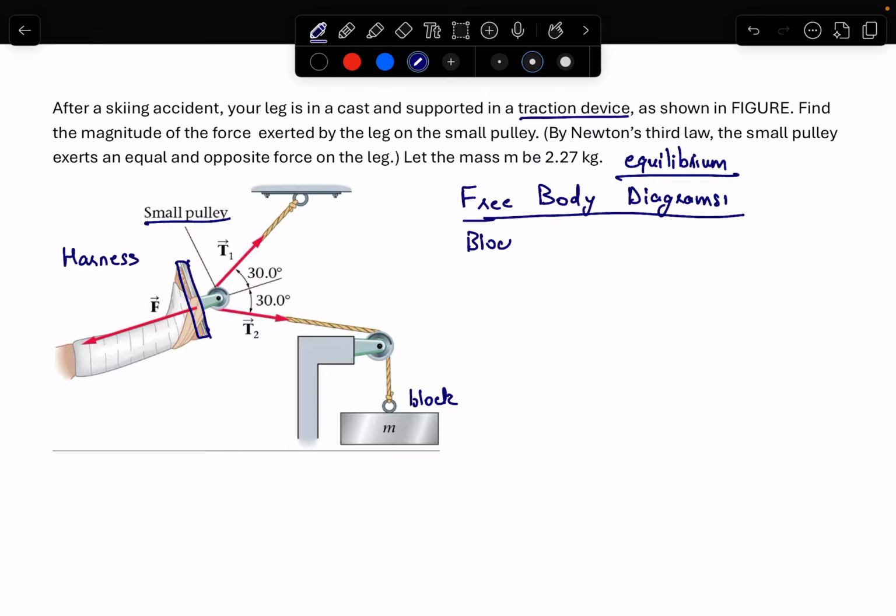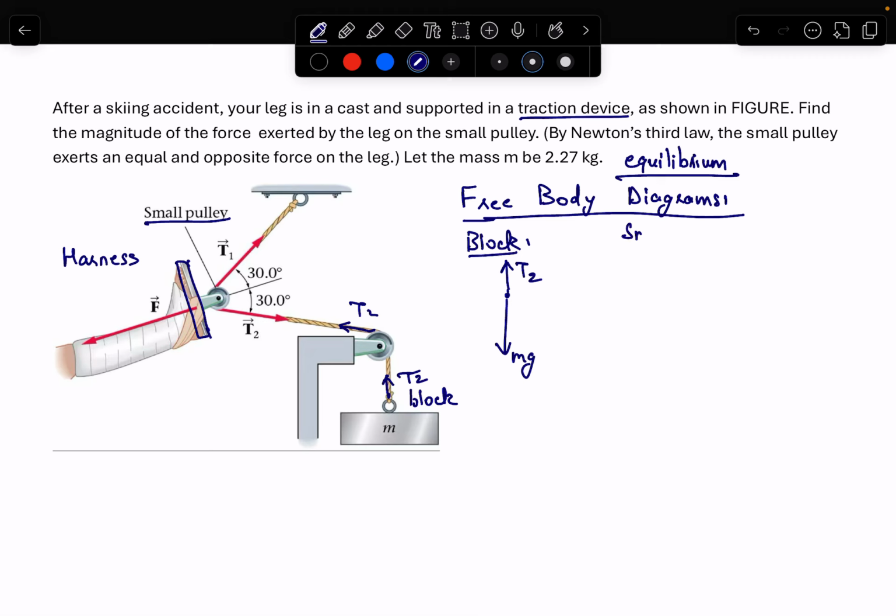So for the block, the forces that are acting on the block are mg in the downward direction and tension T, or in this case it's T2, in the upward direction.